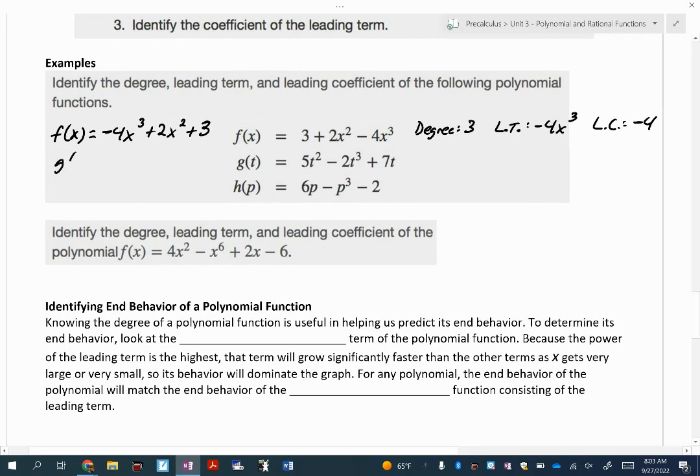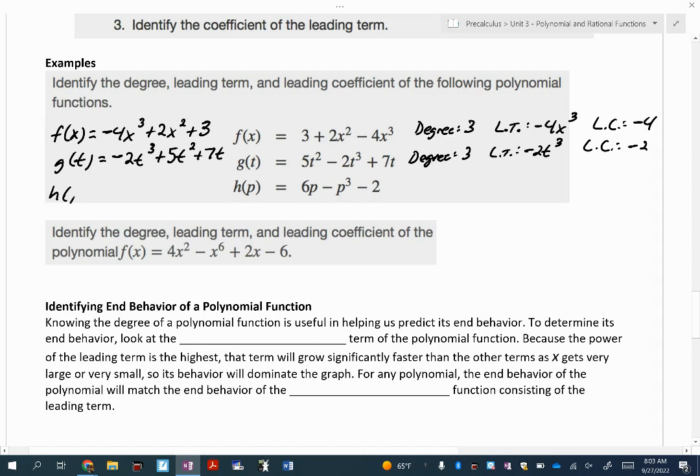So let's do g of t. g of t is going to be negative 2t cubed plus 5t squared plus 7t. The degree of this one is also 3. The leading term is negative 2t cubed with the leading coefficient of negative 2.